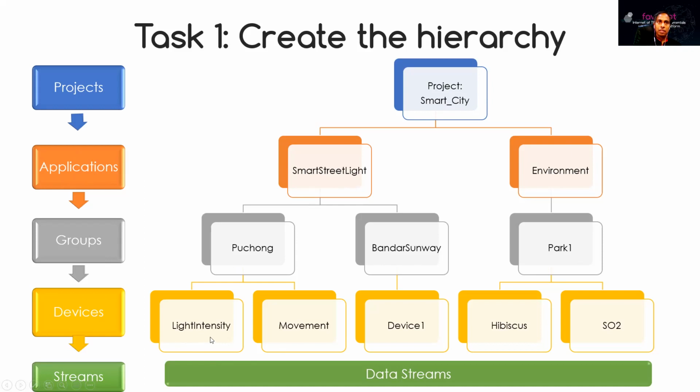Then devices: light intensity and movement, which belong to the Puchong group, device 1 belongs to the Bandar Sunway group, and hibiscus and SO2 belong to Park-1. So just create this in your individual account. I'll give about 10 minutes maybe.